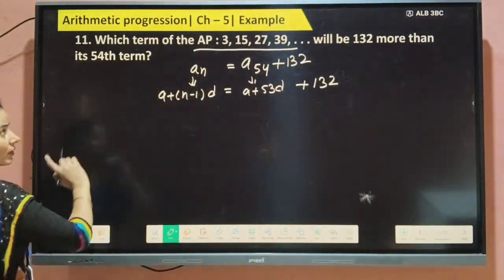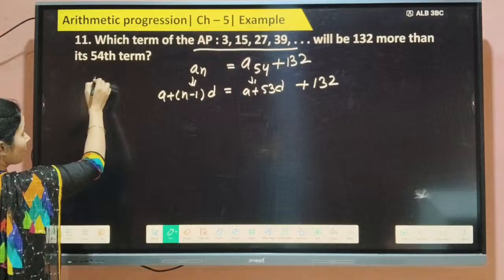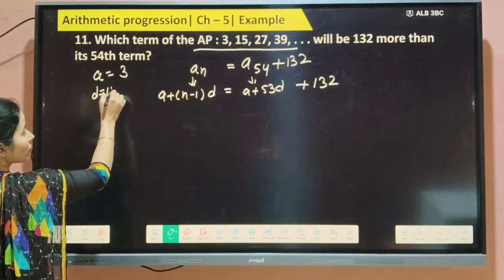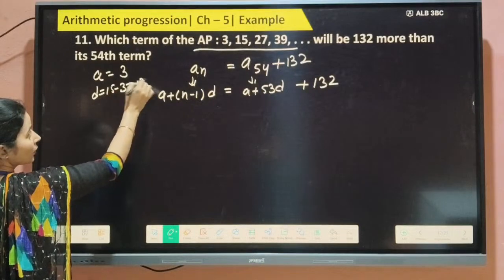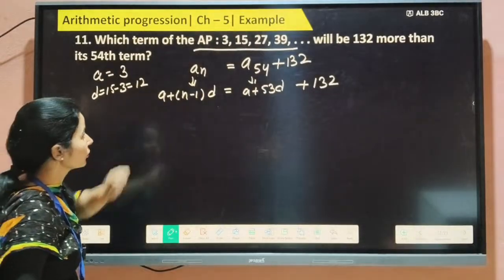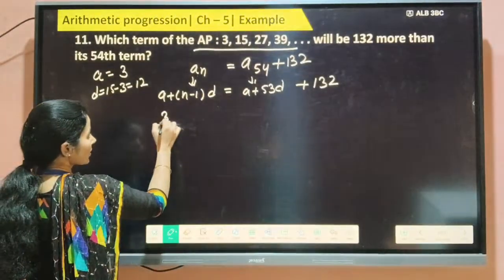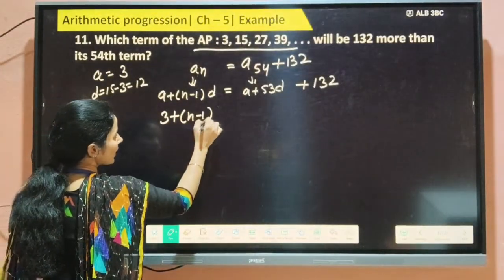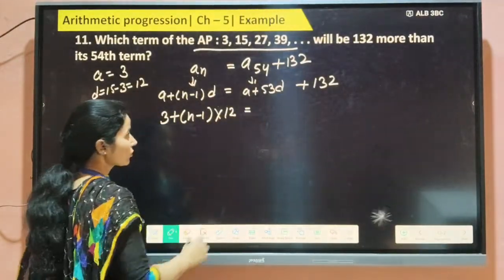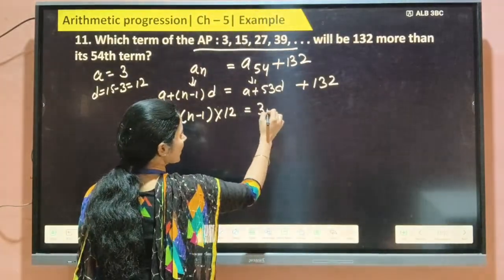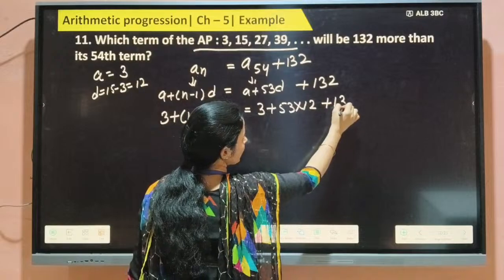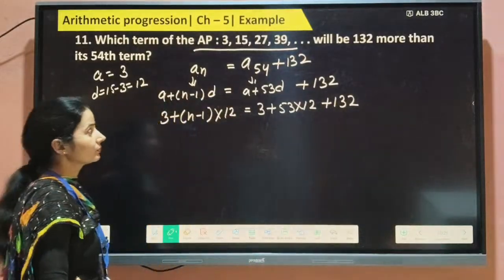In this AP, a equals 3 and the common difference is 15 minus 3, that is 12. I know the values of a and d. So a value is 3, n minus 1 as it is, and d value is 12, equals 3 plus 53 into 12 plus 132.